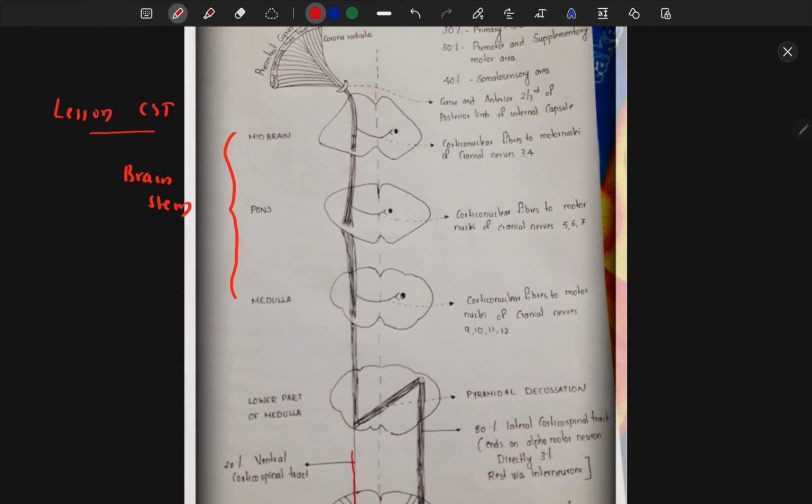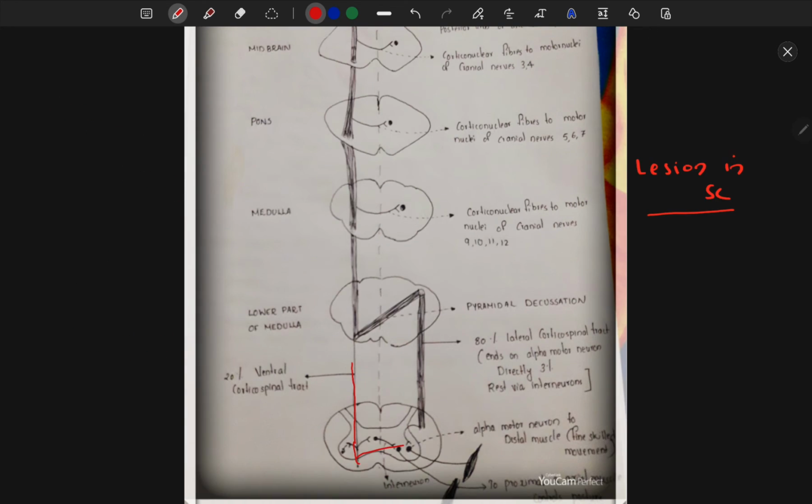So the applied aspect here is, if there is a lesion in the corticospinal tract at the level of the brainstem, that means anywhere here, actually the fibers cross at the lower part of the medulla as the pyramidal decussation. So the opposite half of the body will be affected. So there will be contralateral, that means opposite side, hemiplegia.